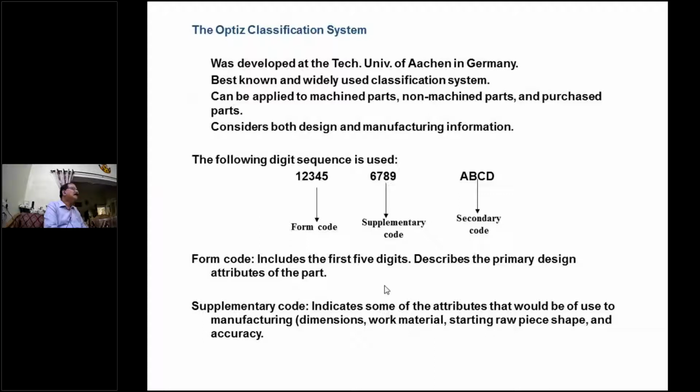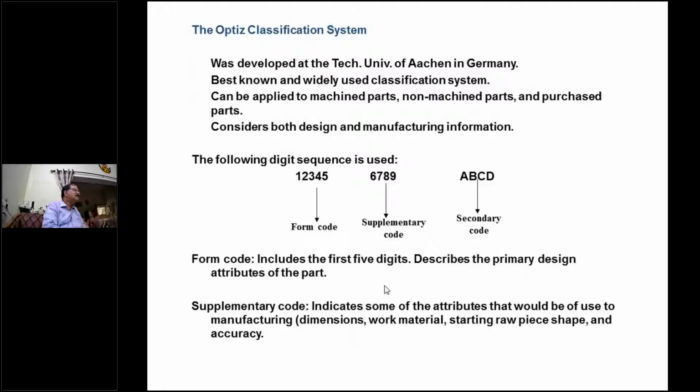In cellular manufacturing, what we do is find the part families. Part families are sets of parts which have more or less similar design and manufacturing attributes.